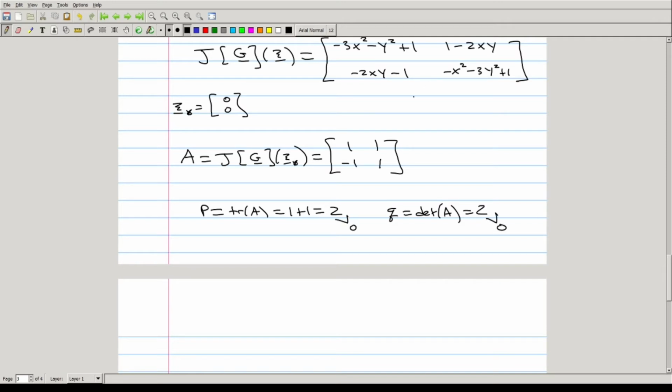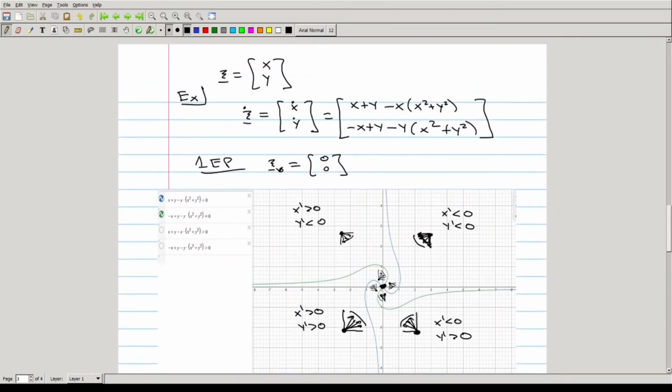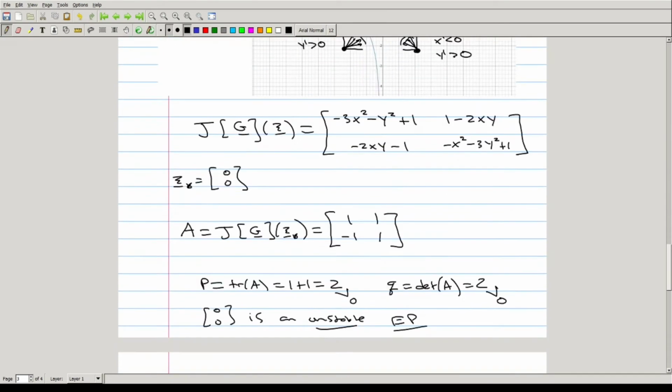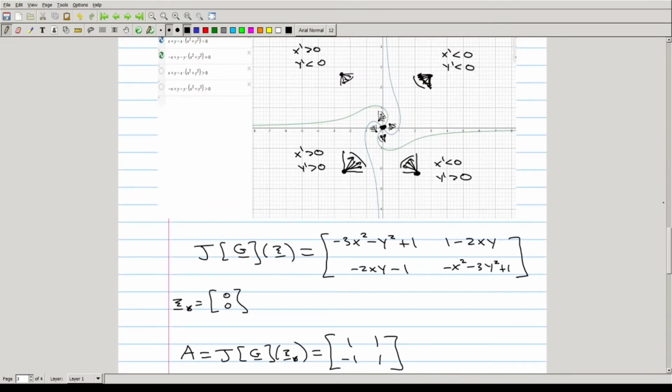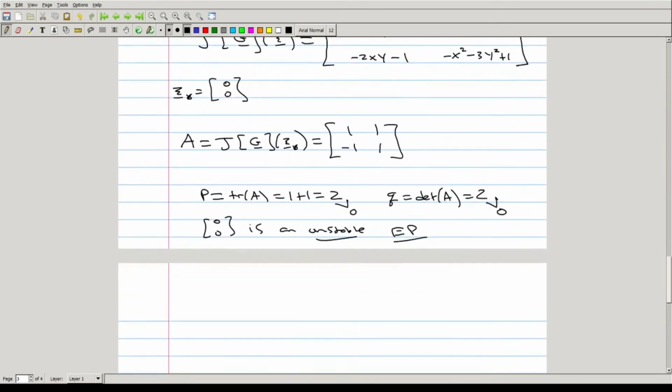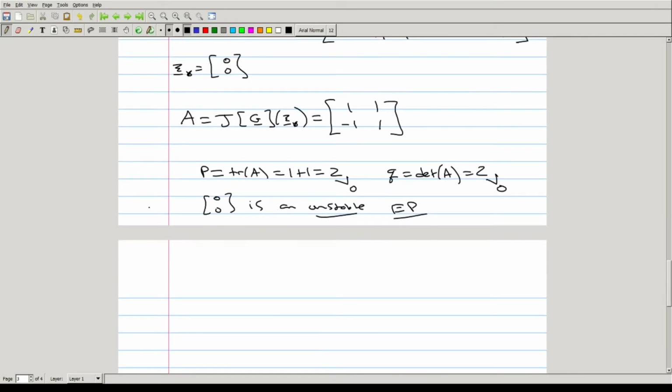And because both of these are positive, we conclude that the point 0, 0 is an unstable equilibrium point. So we've shown what we suspected from this picture, that 0, 0 is an unstable equilibrium point.